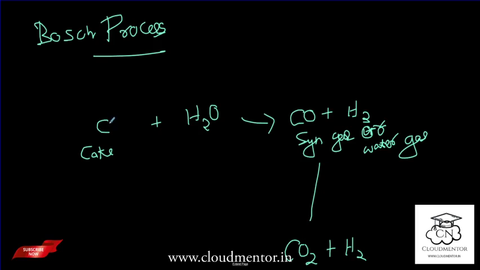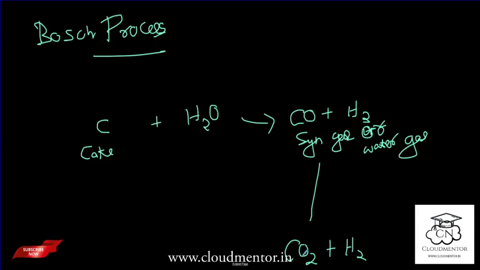What was that? We took the coke and reacted it with superheated steam, and it gave the syngas or water gas, the combination of carbon monoxide and hydrogen, which further reacts with steam again in the presence of a catalyst like iron, chromium, cobalt, and gives carbon dioxide and hydrogen.